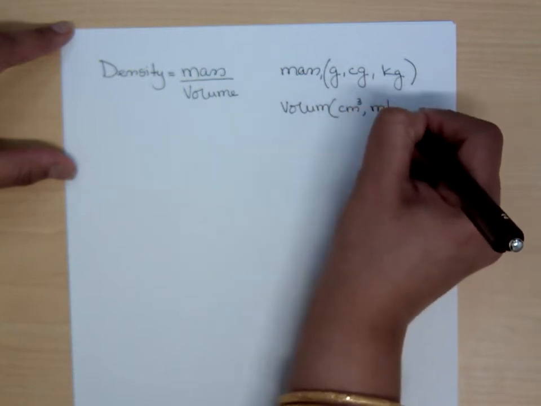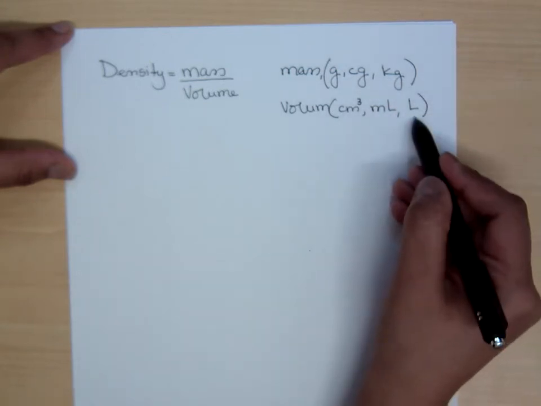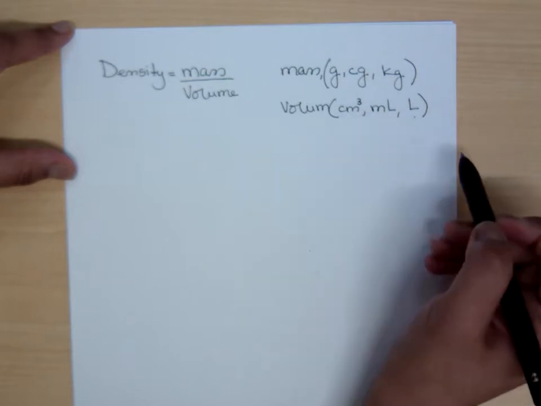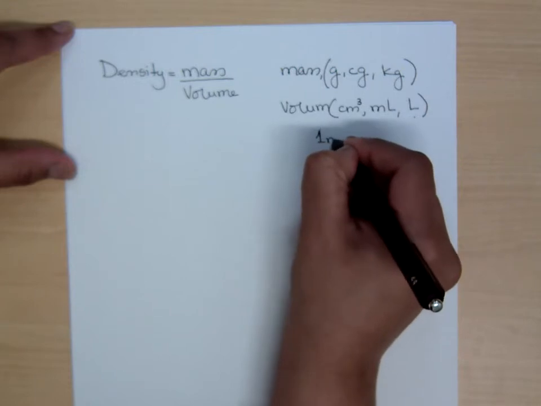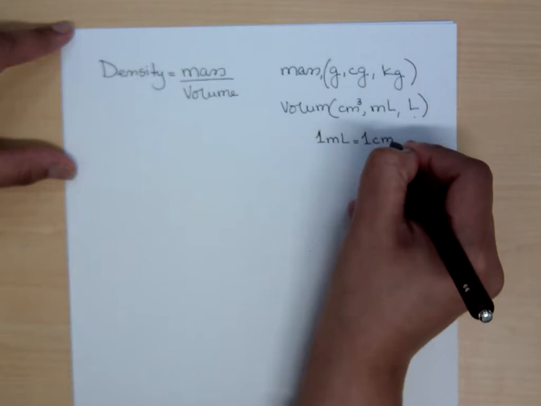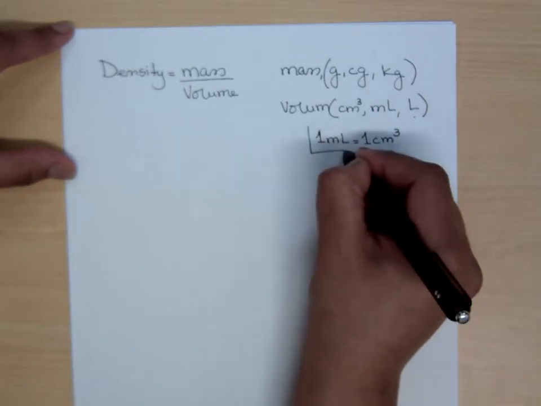Sometimes for gases, the density could also be reported as liters. But you will mostly see the units between centimeter cube and milliliters. 1 milliliter is defined as 1 centimeter cube. This is by definition, and this is something that you must know for exam.